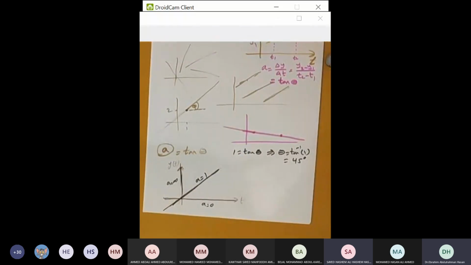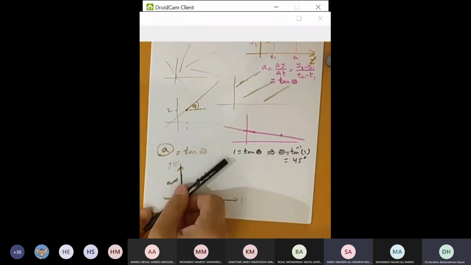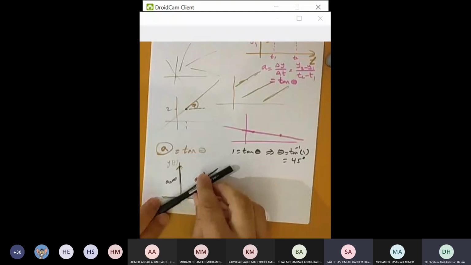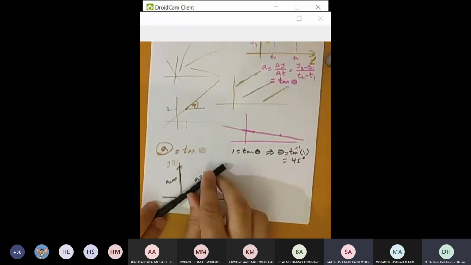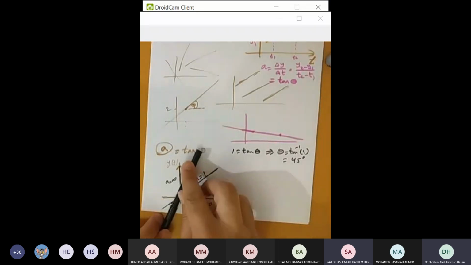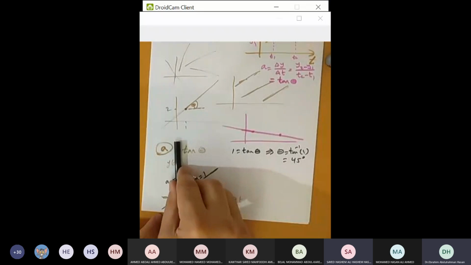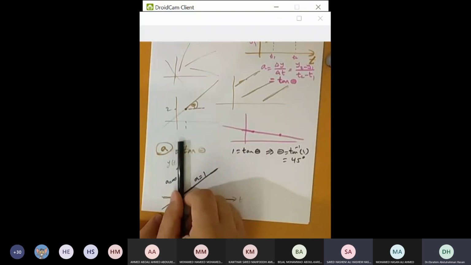So a equal to positive, خلاص ممكن تفهمها like this من الحين. Less than 45, so it will be here, here, here, until I reach a slope equal to 0 here. If more than 1, so then 2 will be here, 3, 4, 5, 10, 100, until I reach infinity, then I will get 90 degrees.